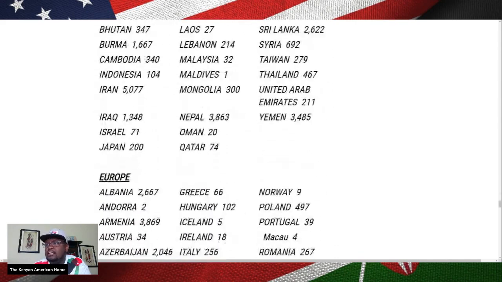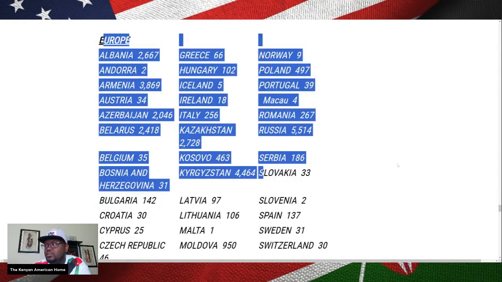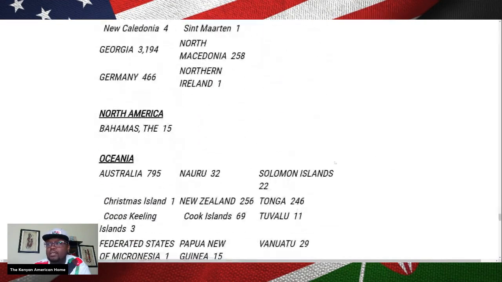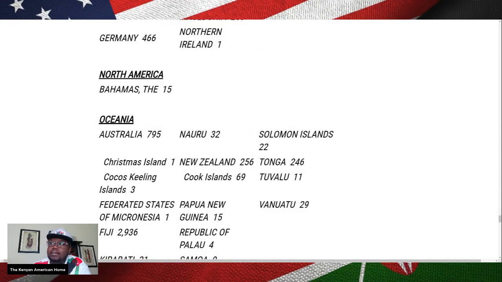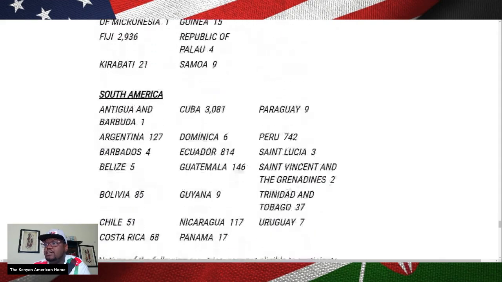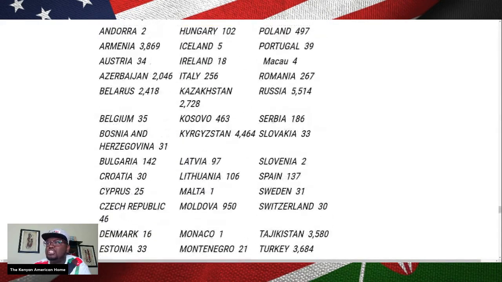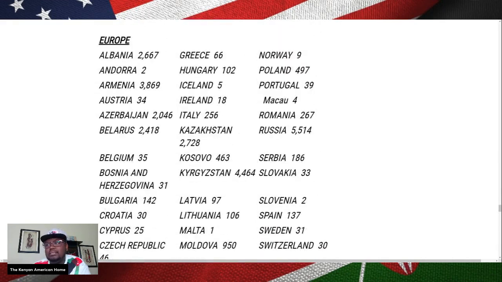You look at other places too. Some people in Europe still win. So you have Europe, they play and win. North America, the only country that won in North America is Bahamas. So that means Mexico doesn't play. Canada doesn't play. And then you have Oceania and South America. So the big numbers are in Asia, and Europe has big numbers too.